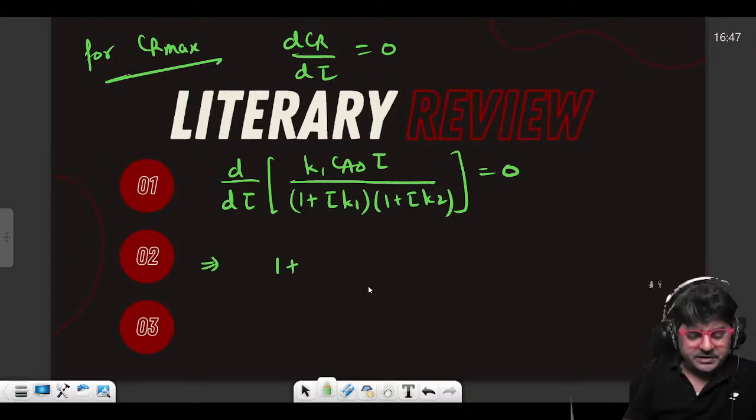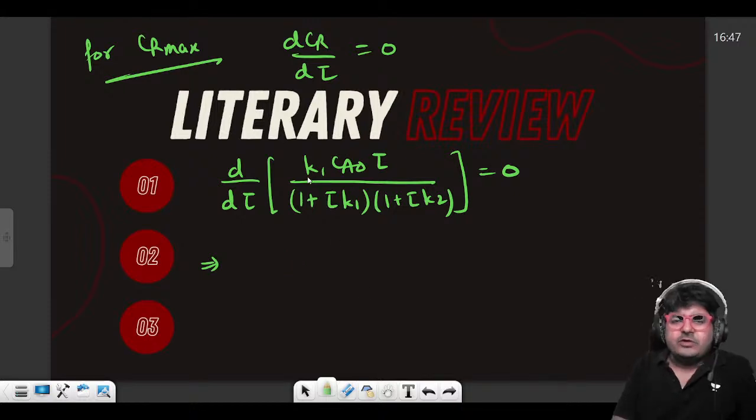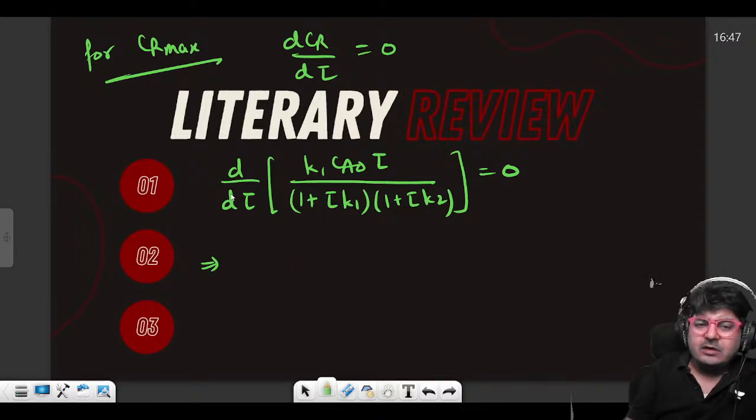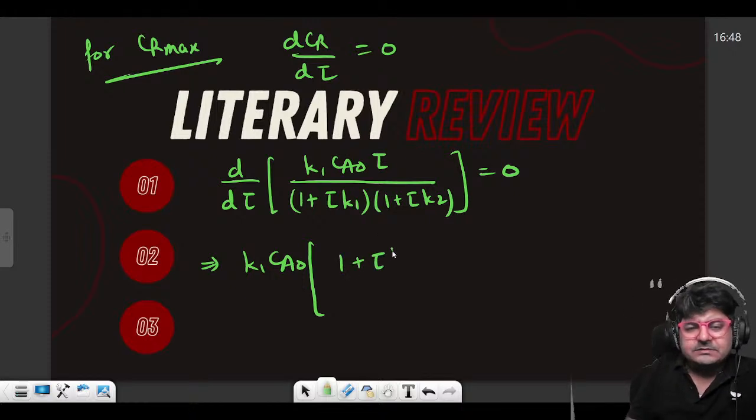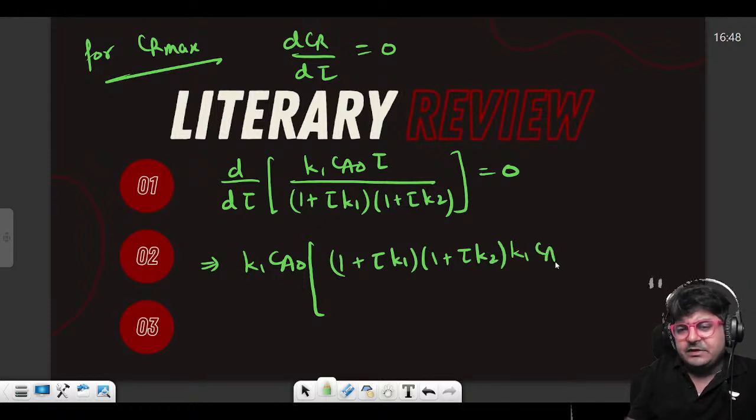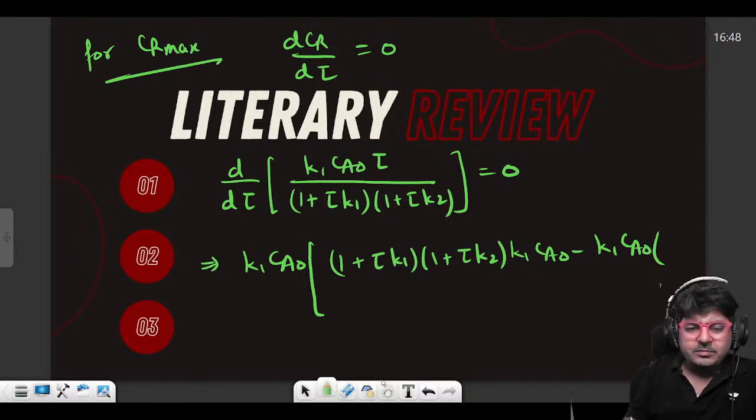U upon V denominator है. So you can put K1 CA naught, you can take out the outside the integration, it will become 0. और otherwise नहीं ले जाना, डायरेक्ट ऐसे लिख लो. And denominator as it is, differentiation of numerator, that is K1 CA naught, minus numerator as it is, differentiation of denominator.